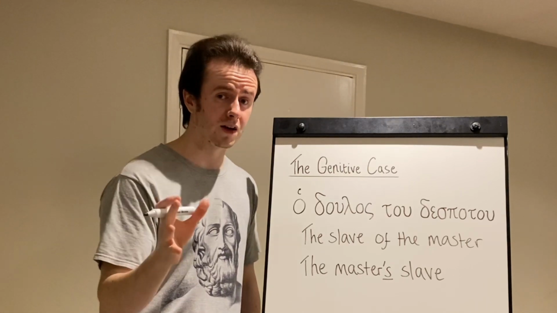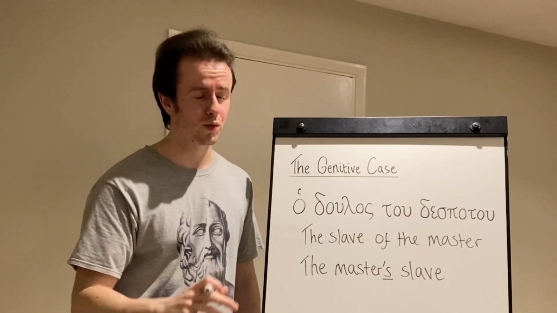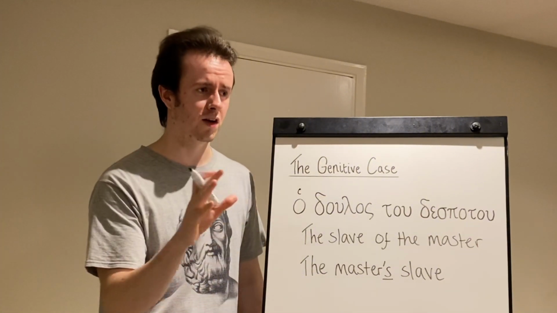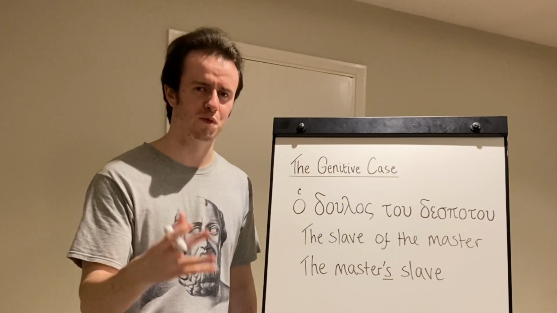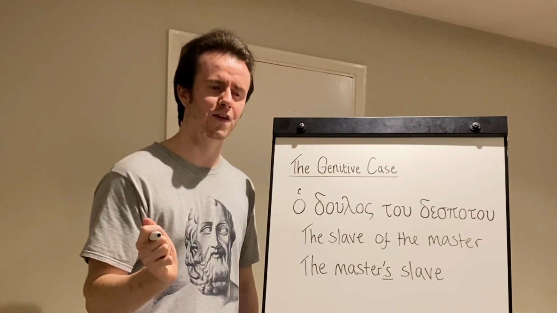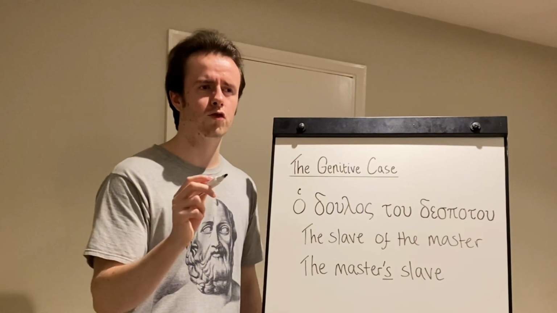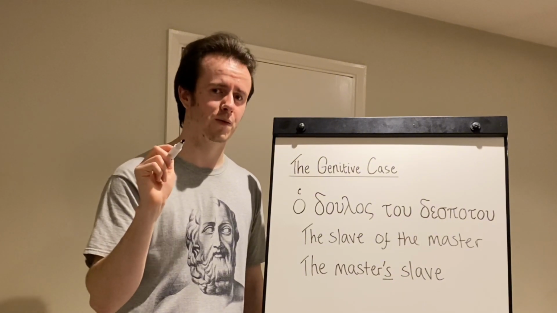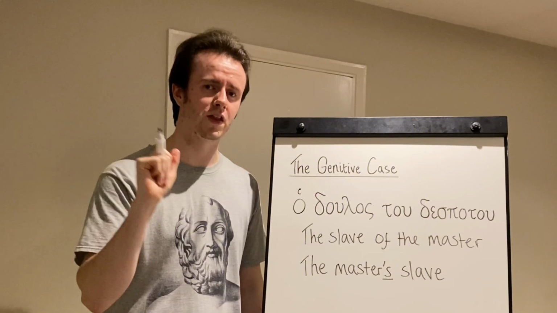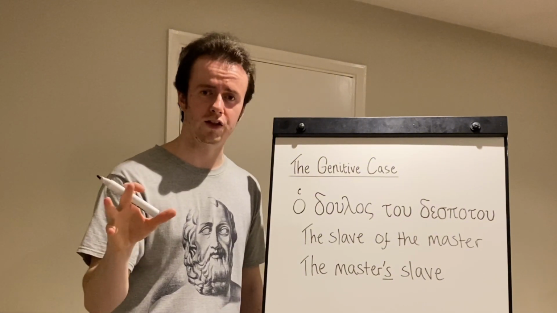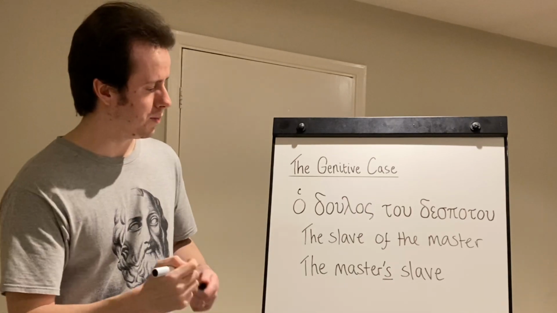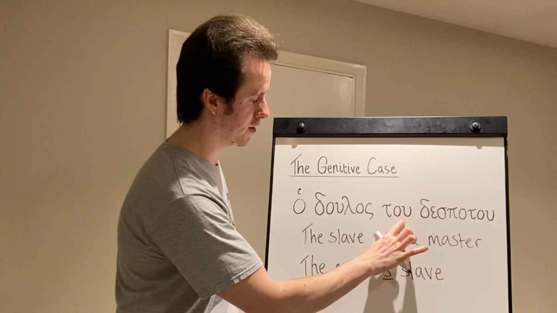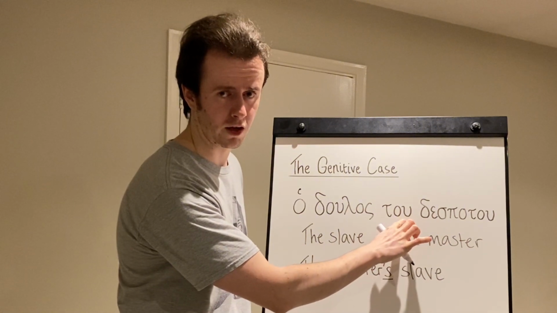Because when the possessor is plural, so for instance, if this was the slave of the masters in the plural, if multiple masters owned this slave, then in English we would write "the masters' slave". We would put the apostrophe after the s if the possessor were plural. But in this case, we know it's just one master that owns the slave, because it's tou, which is masculine genitive singular.